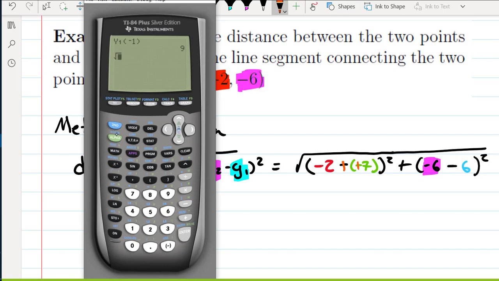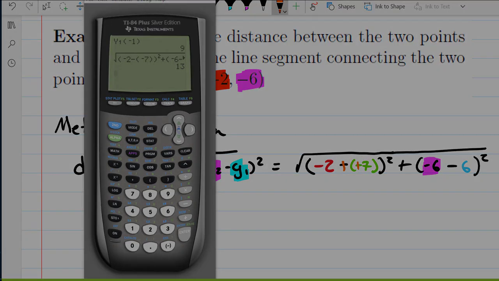So we do our square root, parenthesis negative 2 minus parenthesis negative 7, close our parentheses, squared, plus negative 6 minus 6 squared. And we press enter, and our calculator should give us back 13.